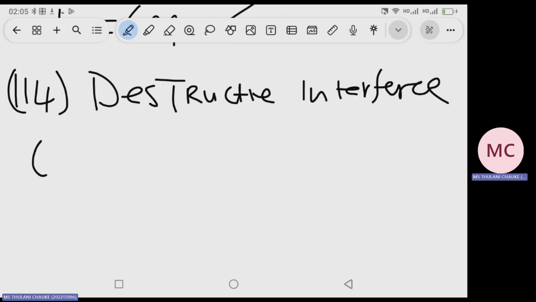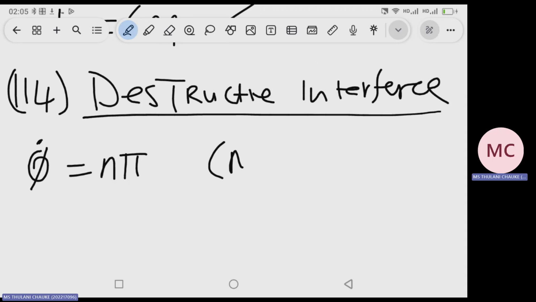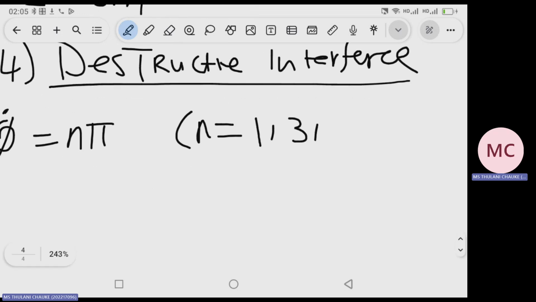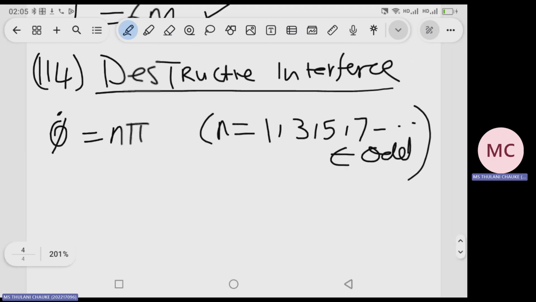So for the constructive interference, we know that the phase constant is given by the equation n times pi. Then our n will be an element of the odd values: 1, 3, 5, 7. Let me just say element of odd so that we don't forget.